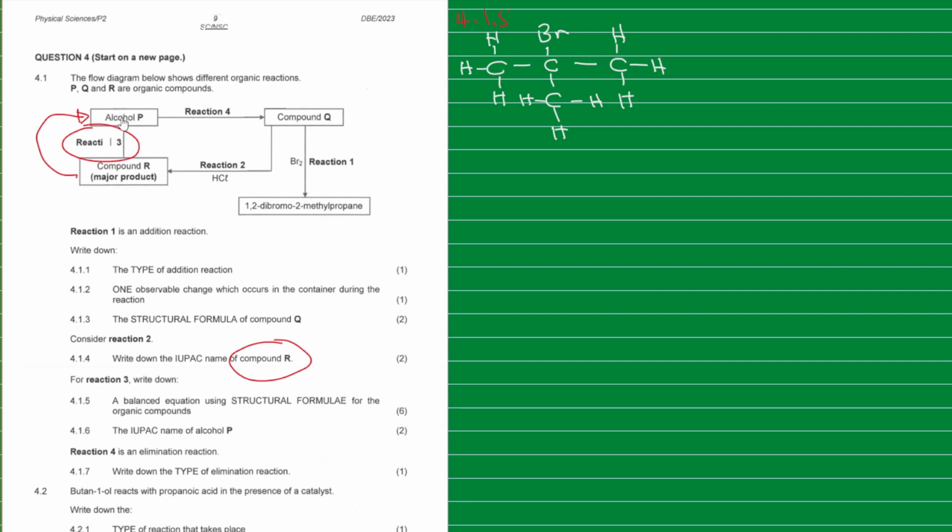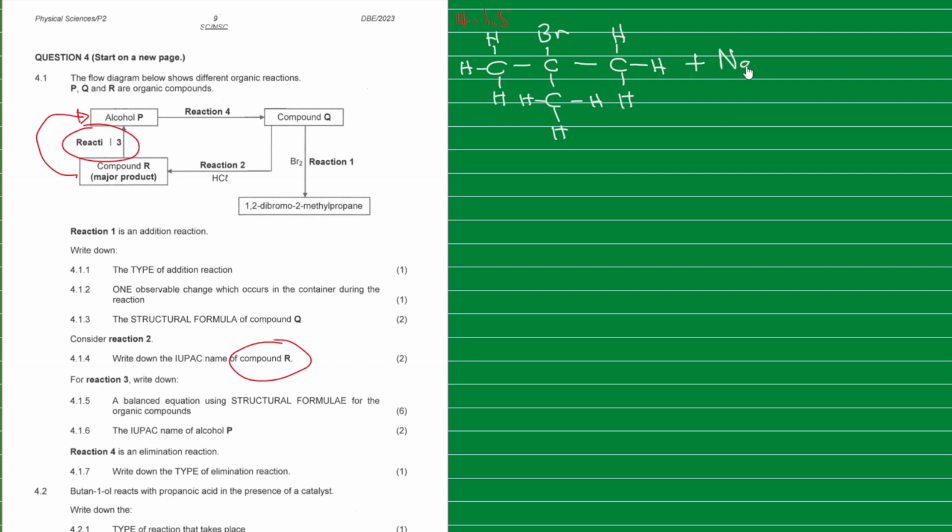So what will have happened for us to get an alcohol? It means we now have substituted this bromine here. We have removed the bromine and we have added a hydroxyl there.